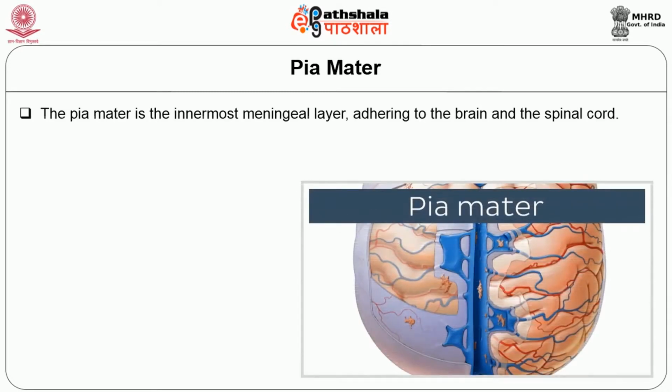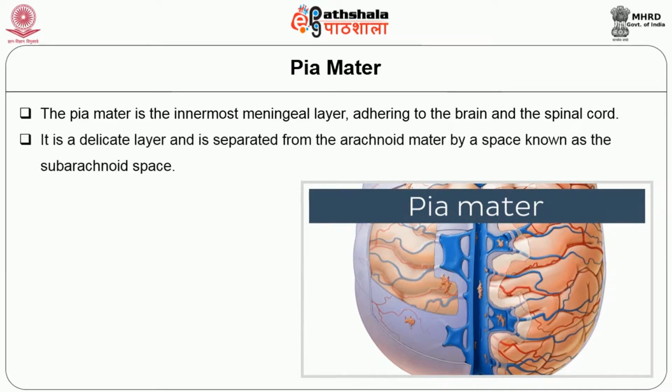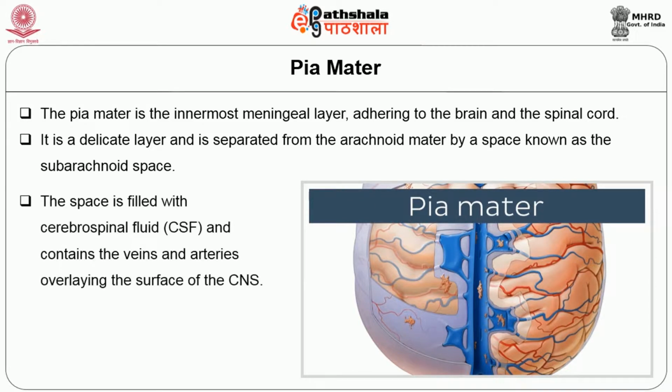The Pia Mater is the innermost meningeal layer adhering to the brain and the spinal cord. It is a delicate layer and is separated from the arachnoid mater by a space known as the subarachnoid space. This space is filled with CSF, that is, cerebrospinal fluid, and contains the veins and arteries overlaying the surface of the CNS.